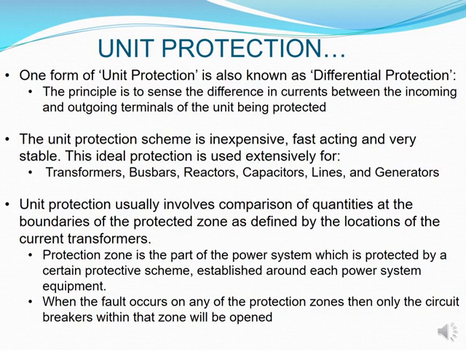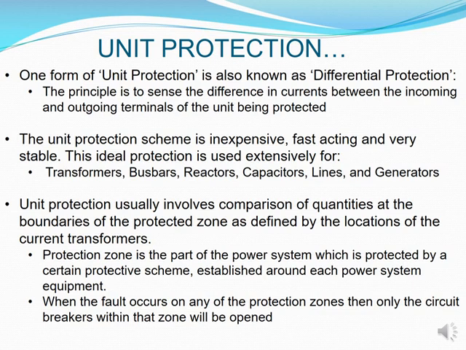We can use it for transformers, for bus bars, for reactors or capacitors. We can utilize it to look at lines going from one substation to another substation, or even for generators in our power stations. This unit protection provides a comparison of your quantities from the boundaries of your protected zone.